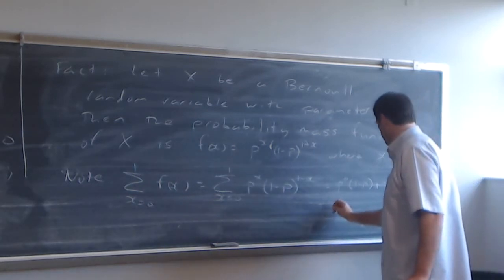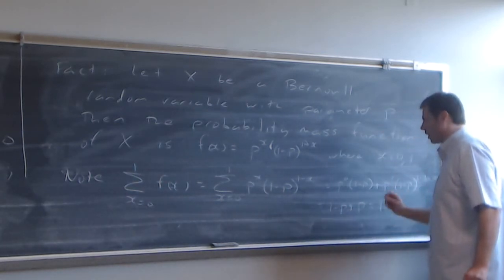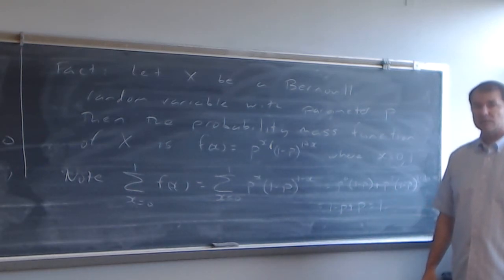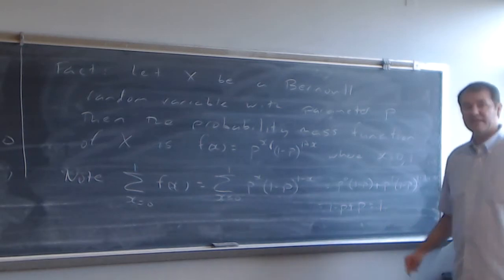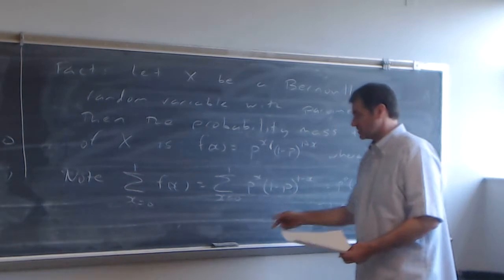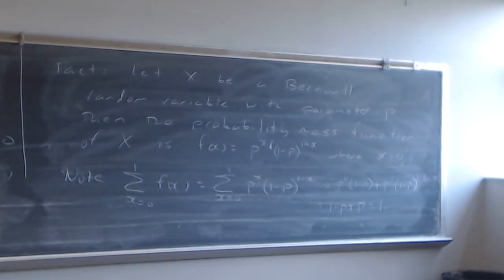And that's equal to 1 minus p plus p, which is just equal to 1. So the sum of the PMF over all possible output values does indeed equal 1. That's what should happen when you sum up the PMF values. So I just verified that this happens for the PMF of a Bernoulli.